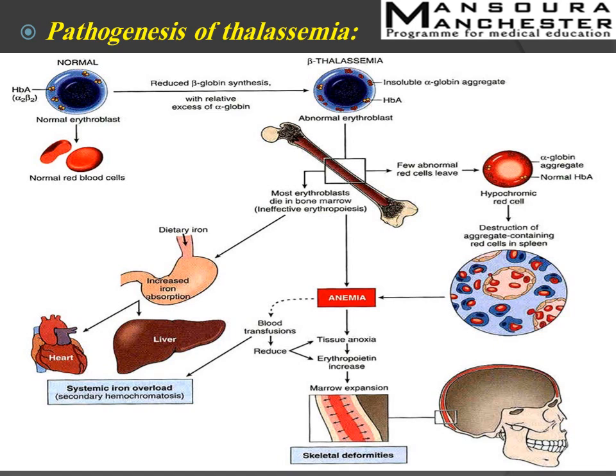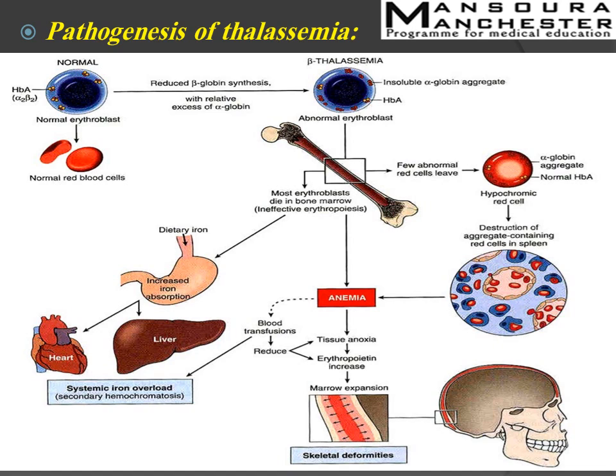This results in insoluble alpha globin aggregates, which precipitate in the erythroblast, resulting in abnormal erythroblasts. These abnormal cells die prematurely in the bone marrow, because this is considered ineffective erythropoiesis. And if some of these cells escape the bone marrow, they will be released in the peripheral blood and then destroyed in the spleen, and this results in anemia.